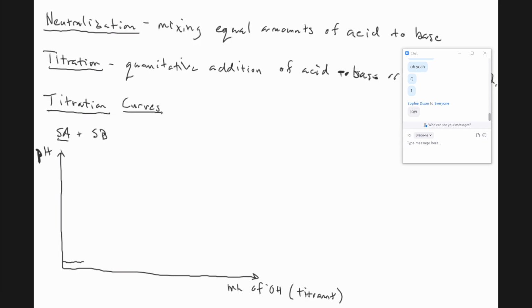As we add more and more base, it doesn't really change the pH all that much till all of a sudden it just changes really quickly. And at this point, this is around a pH of 7. So this point is commonly referred to as the equivalence point, endpoint or neutralization point.